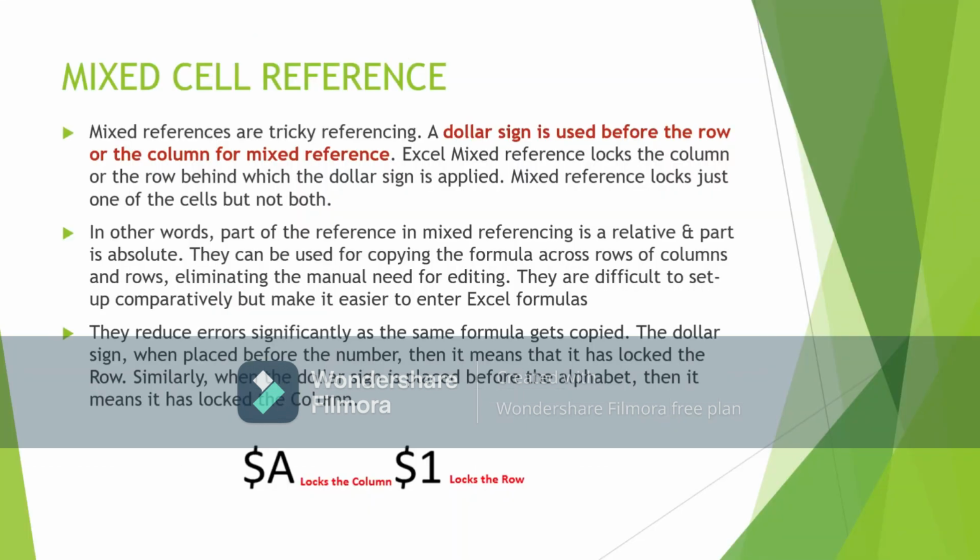Then the third one, mixed cell reference. Mixed reference means a dollar sign is used before the row or the column. Excel mixed reference locks the column or the row behind which the dollar sign is applied. Here only one part can be locked. In other words, part of the reference in mixed referencing is relative and part is absolute.